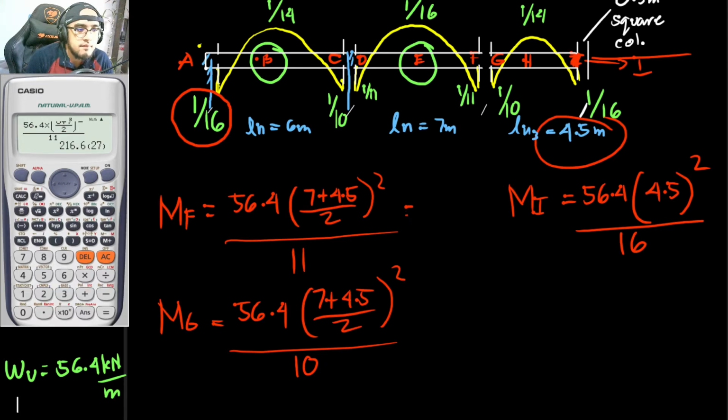So, for your MF, this is now to be equal to, so looking once again at the calculator to your left, so 56.4 times 7 plus 4.5 divided by 2 squared divided by 11. 169.52, sorry, 0.5025.